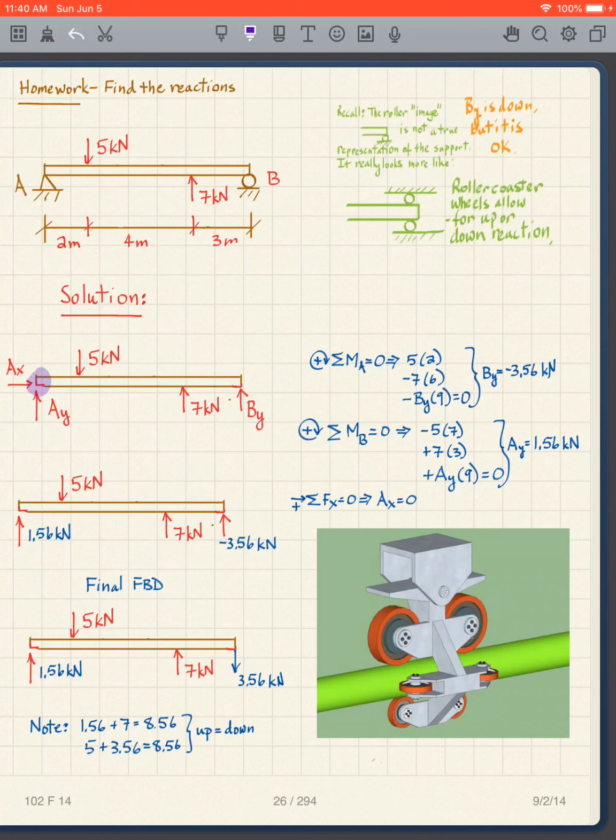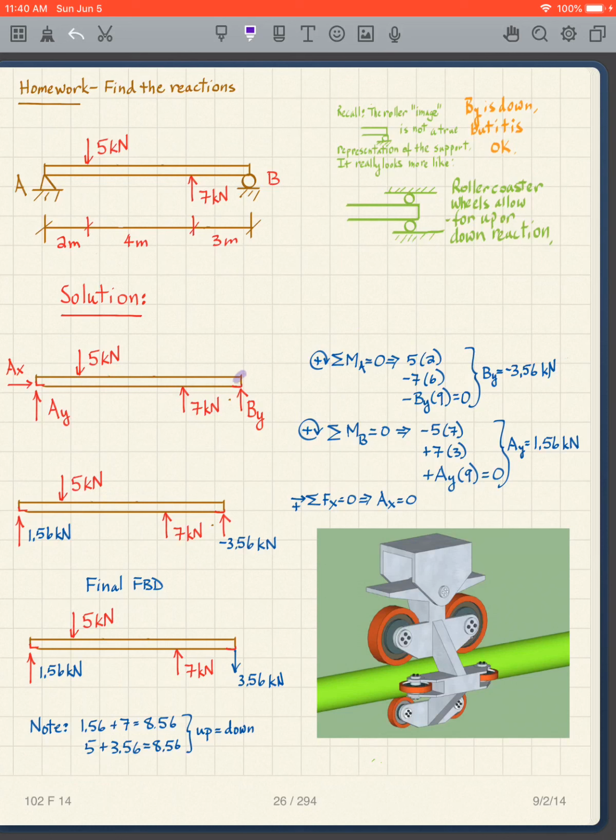Taking moments about A, I'm going to have 5 times 2, 7 times 6, BY times 9, and then in terms of the signs, clockwise positive, counterclockwise negative, counterclockwise negative. We put all that into here. We get BY as negative 3.56 kilonewtons.